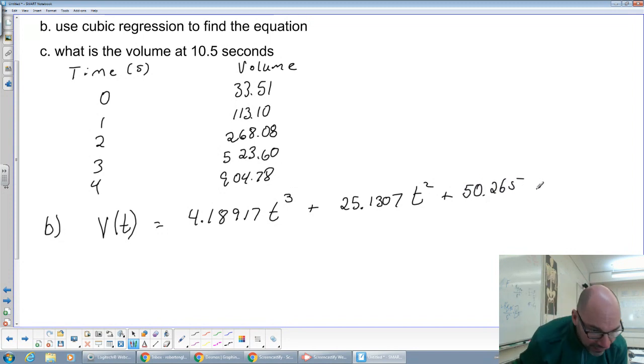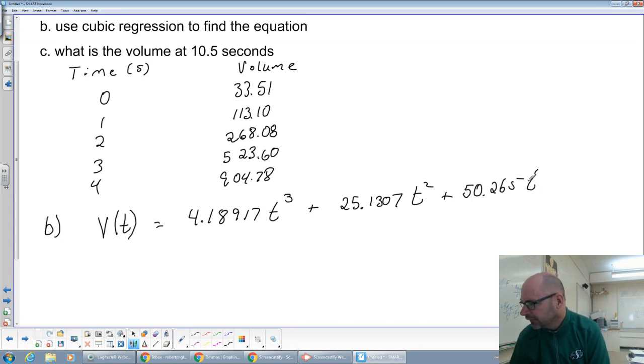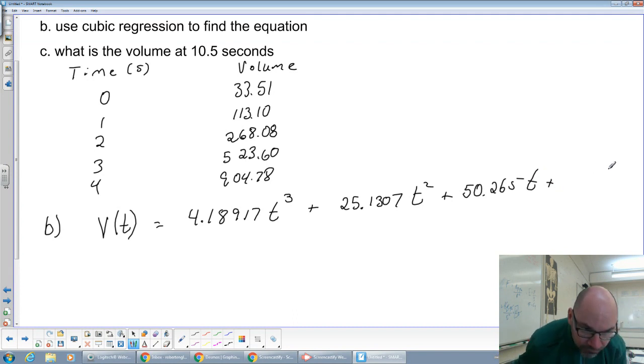Okay, and the D value, the last number, was 33.5104.